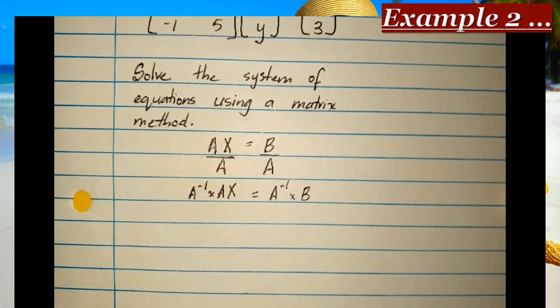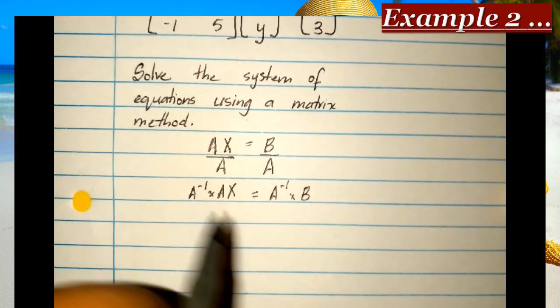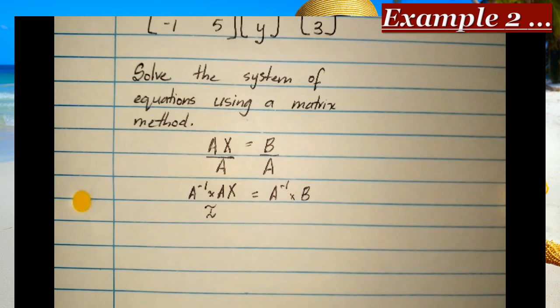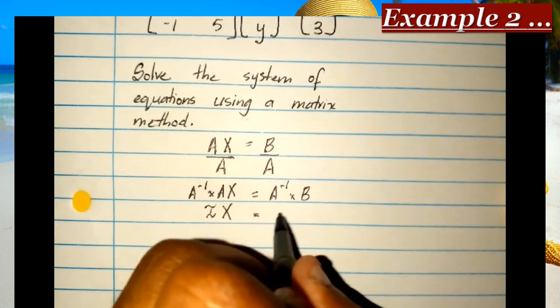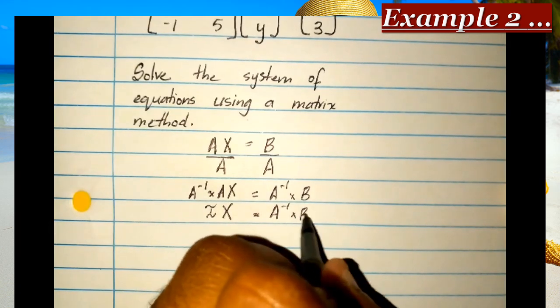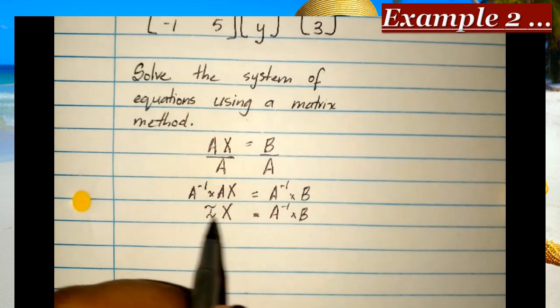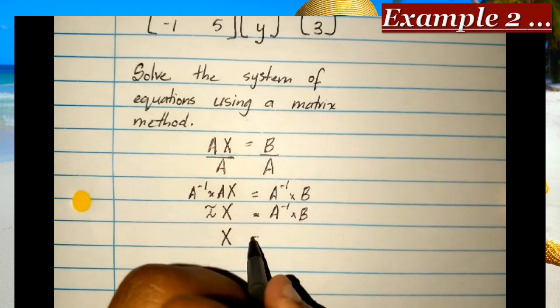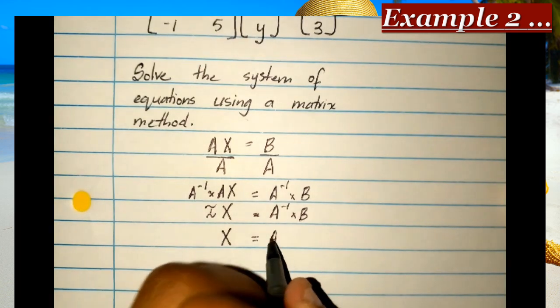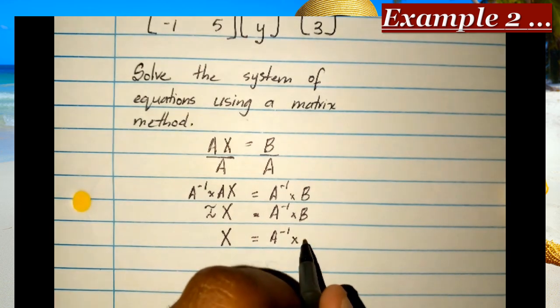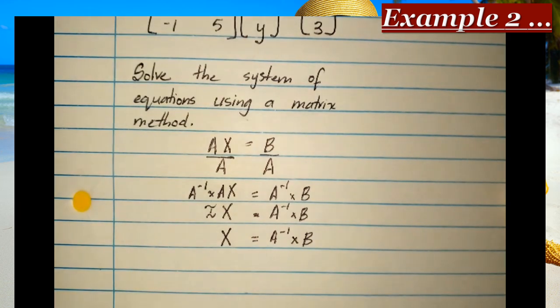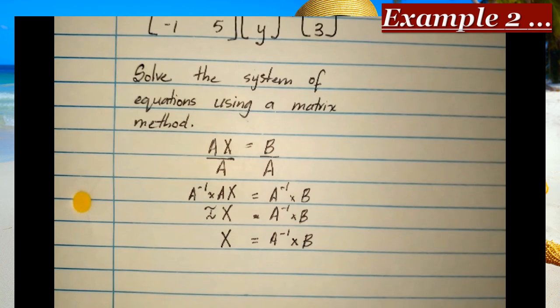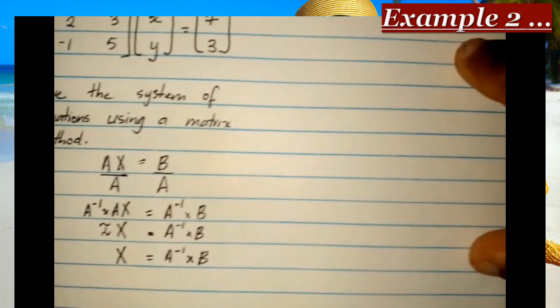With me so far? A inverse times A will give us the identity matrix, I, and we're multiplying that by X. This is going to give us A inverse times B, and anything times the identity matrix I is that anything, in this case X. So X, or variable matrix, is going to be equal to the inverse of A multiplied by B. Hence, we're going to have to find the inverse of A. So I'm going to come to the side.